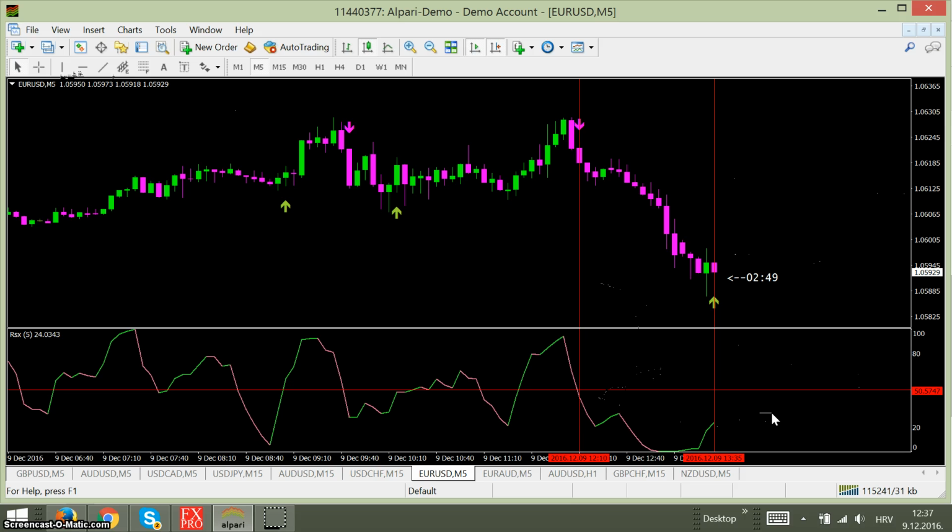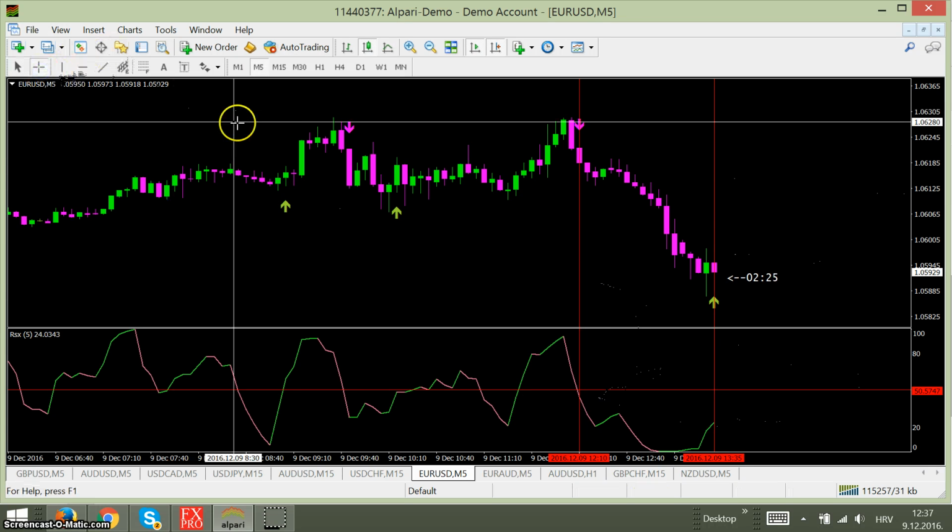So in this case you have a confirmed valid setup, and then you take the trade. You will take one candle expiry or 5 minutes expiry because we are on M5. If you are on 15 minutes, you will take 15 minutes expiry. So always one candle expiry.